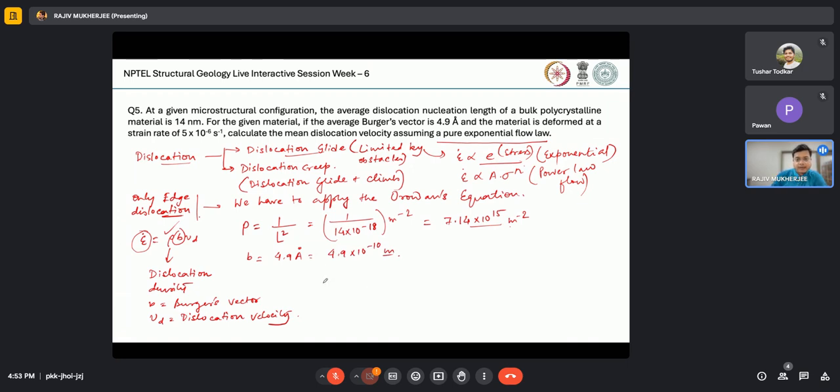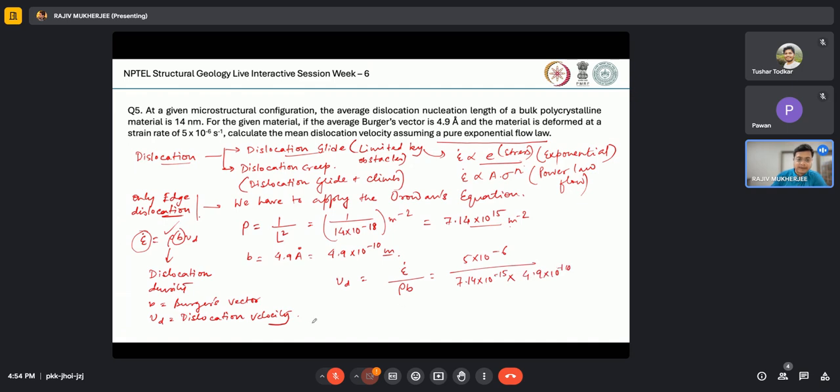And using these values, we can calculate v_D, that being the strain rate divided by rho times b. That means 5 into 10 to the power minus 6 divided by 7.14 into 10 to the power 15 into 4.9 into 10 to the power minus 10.